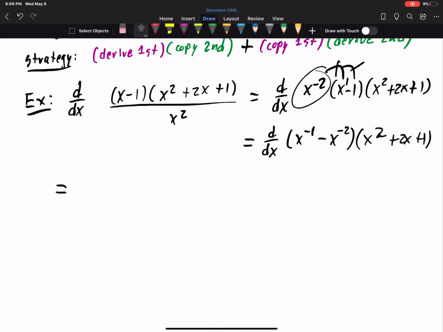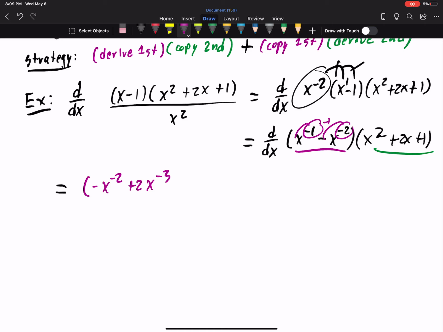Derive the first. So if we derive the first, bring the negative 1 down in front, subtract 1 from the exponent. This gives us minus x to the minus 2. Take your minus 2, bring it down in front, so you have minus minus 2, that becomes plus 2 to the x minus 3 up in the exponent.